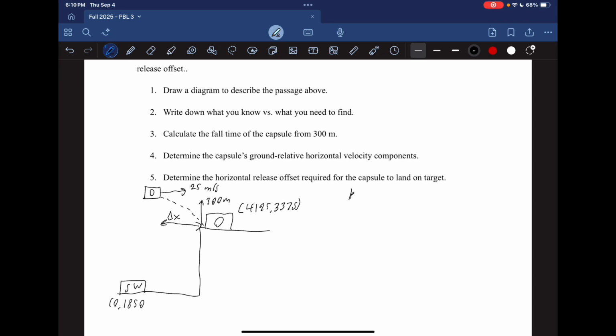So what we know is we know Stonewatch's location, we know Olympus's location, we know the drone's Y location, and we know the velocity of the drone. What we need is the time for the package to hit the ground and the release distance, delta x.